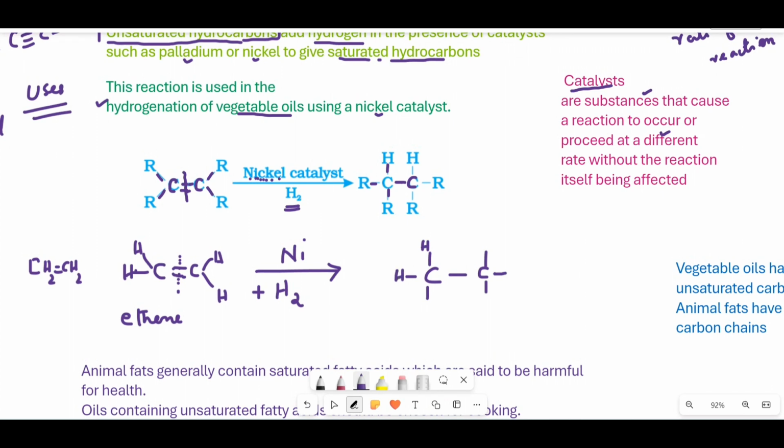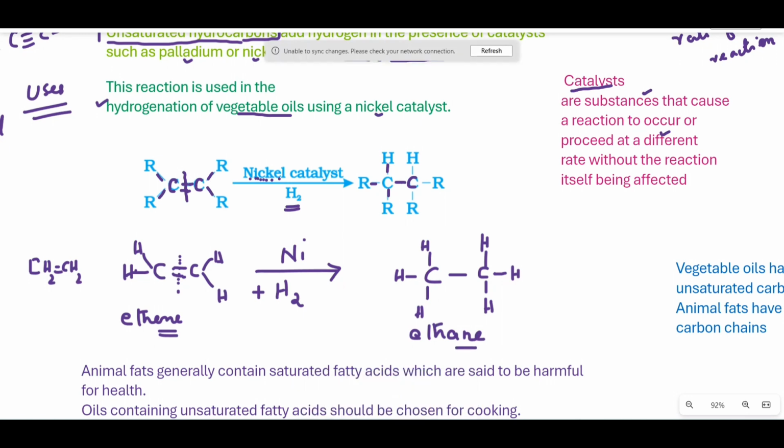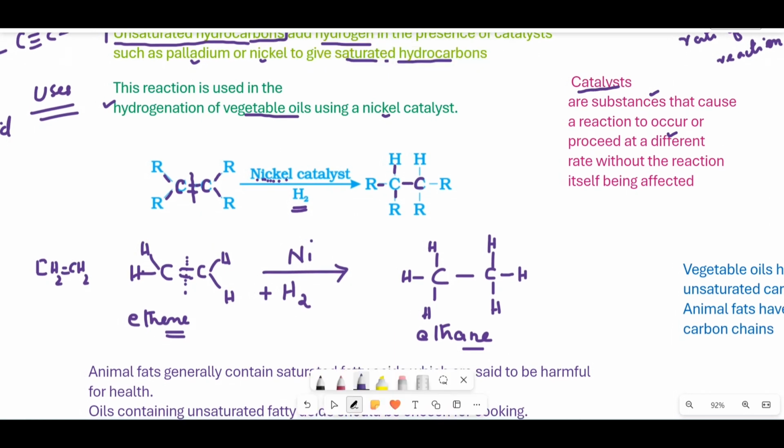So this compound has 6 hydrogen atoms now. Before it had 4 hydrogen atoms because it was an alkene, ENE. Now this is ethane, ANE. So alkene is converted to alkane by addition reaction.